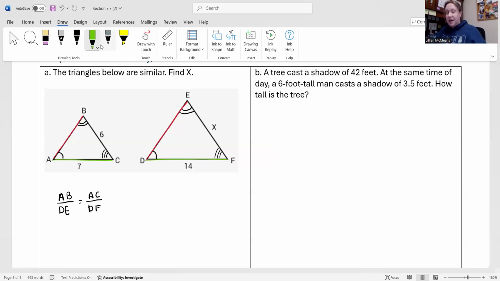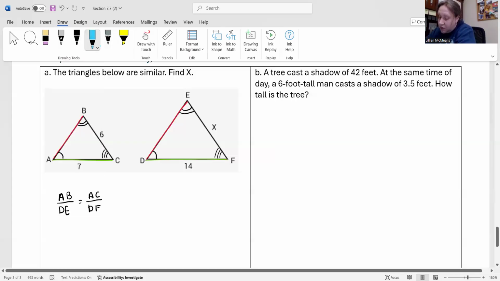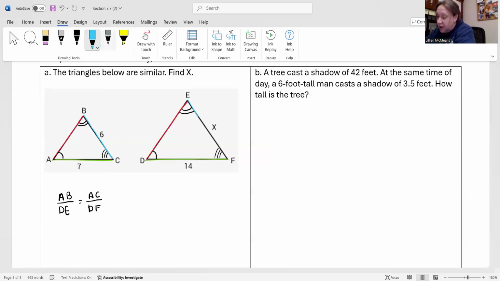So the ratio AB over DE has to be the same as the ratio AC over DF, which has to then be the same as the ratio of BC compared to EF, because BC and EF are corresponding sides. So BC, EF. So all of those ratios are the same, and we use that to our advantage because we know if we have two ratios that are equal to each other, that creates a proportion.